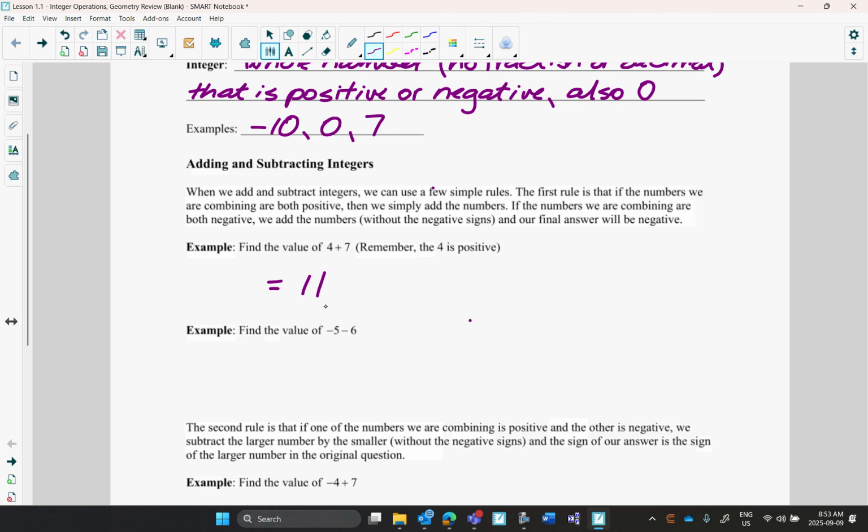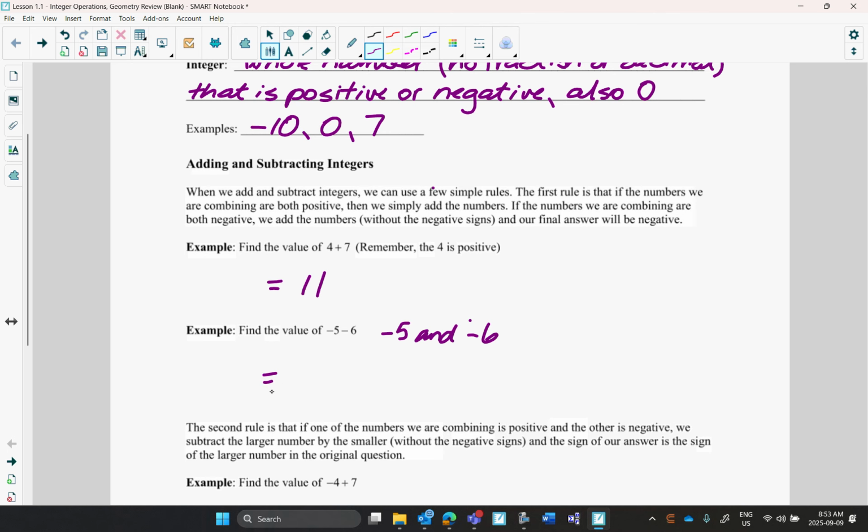The next one, think of this like you're doing -5 and -6. Because really subtraction is just a form of adding. When you subtract something, you're adding the negative of something. So you've got a -5 and a -6, which together make -11.